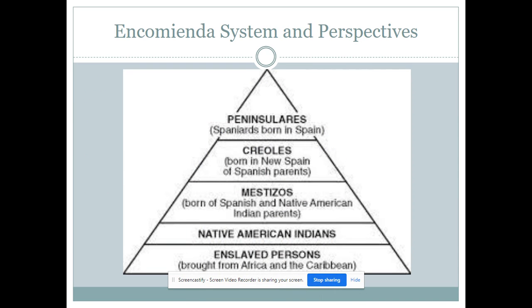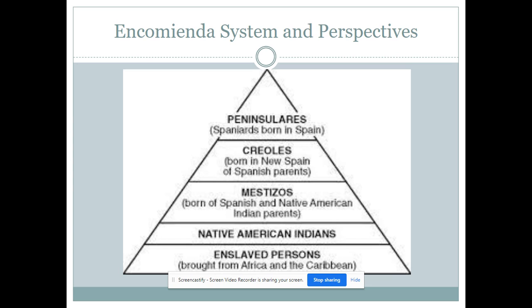But the last thing, when we talk about assimilation, this is a more unique thing set up by the Spanish, the encomienda system, where it's trying to bring natives into Spanish culture through teaching religion, through teaching language, and really breaking people into groups.